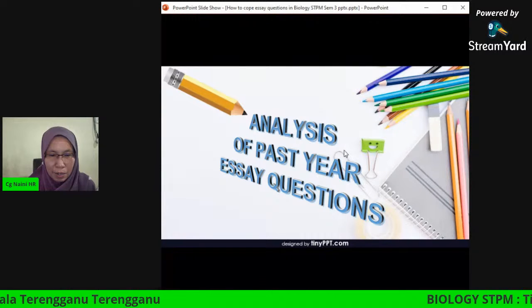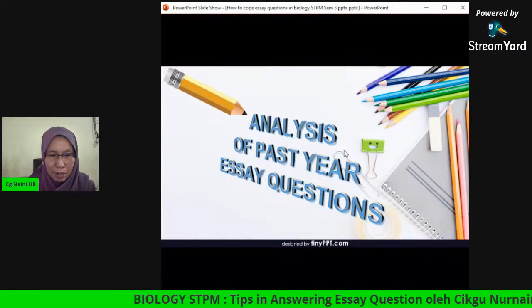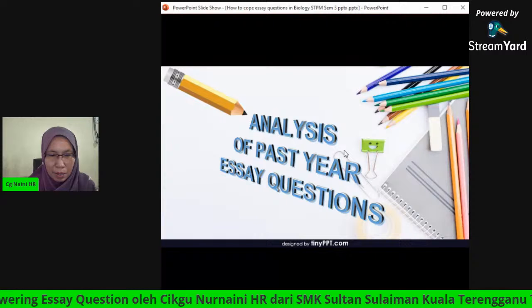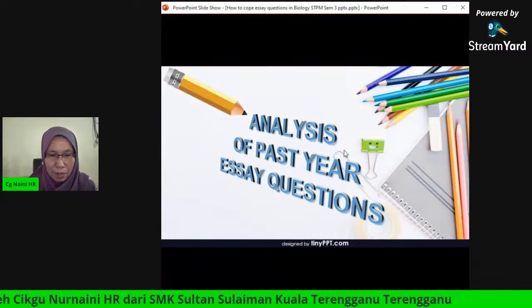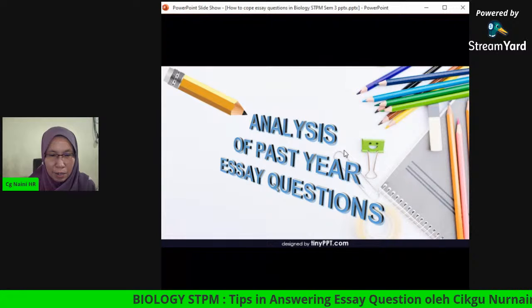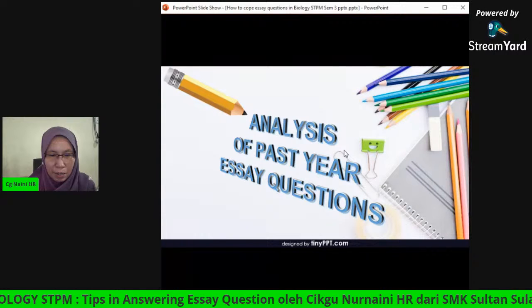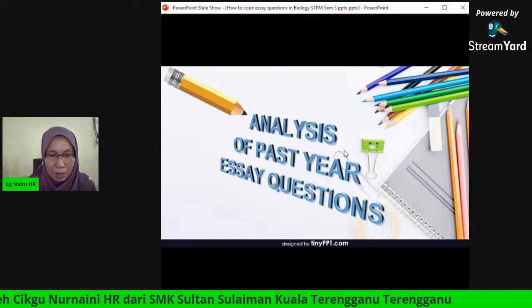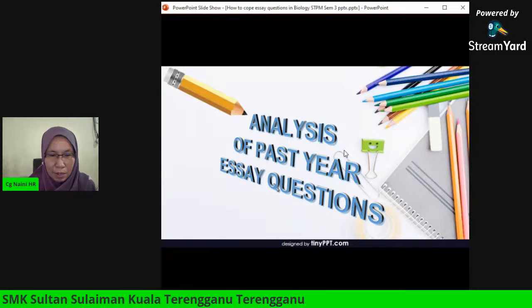But this is not an analysis for spot questions, because for Biology STPM they don't spot the question, they are the lucky questions given to you. So whatever it is, you must master the syllabus, that means all the questions relate to the syllabus. So I hope students do not spot questions. If you spot questions and they don't come out, you will feel horrible. So in STPM all questions from all topics can come out.